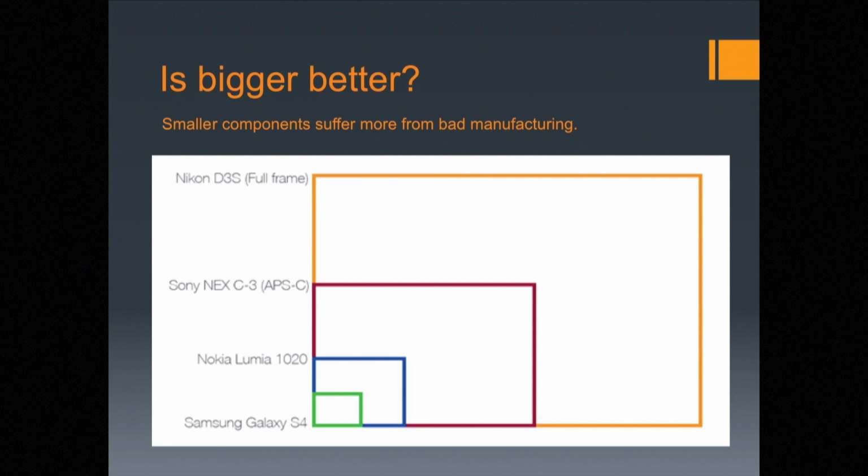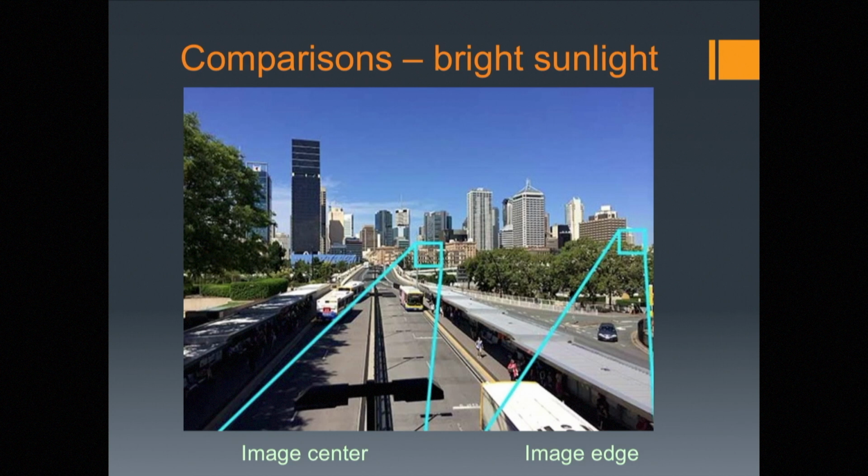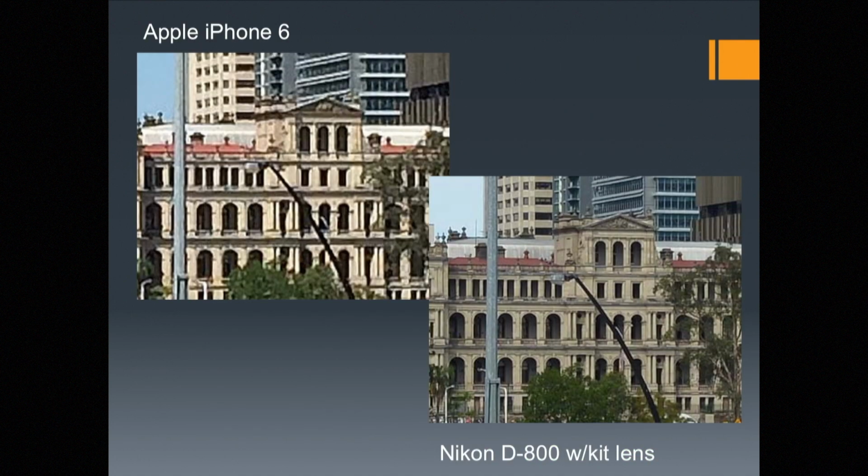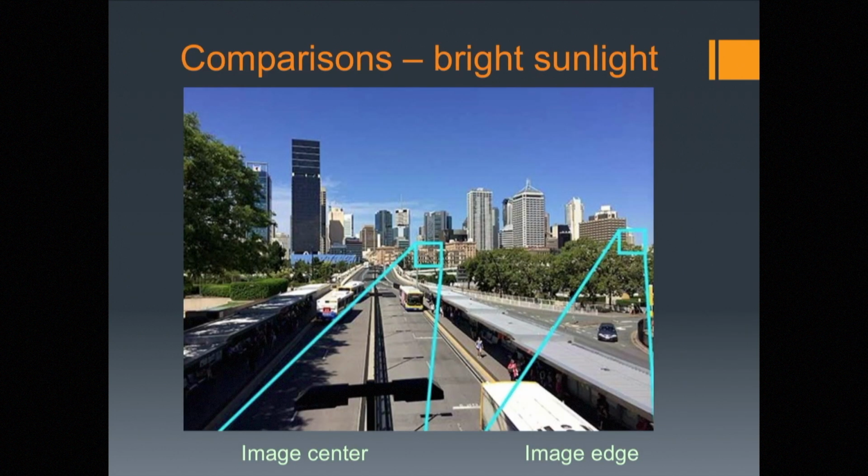Let's compare an image that's taken in bright sunlight. This is a cityscape, and we're going to look at that little place right in the center. The Apple iPhone 6, that's out of date now, but anyway, that little portion of that big photograph is shown in the upper left.